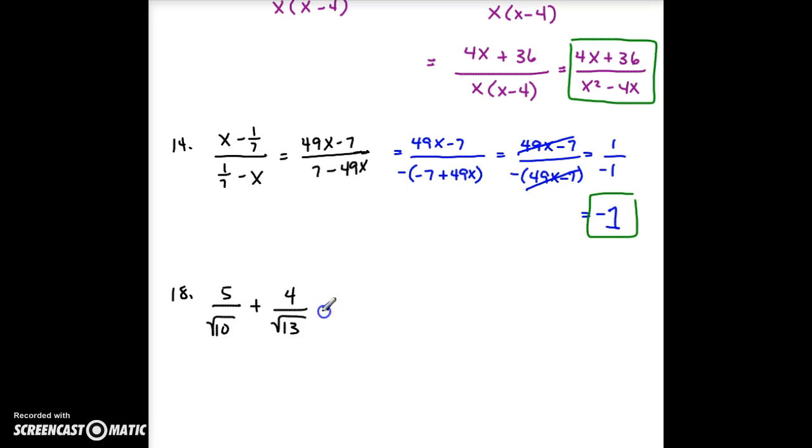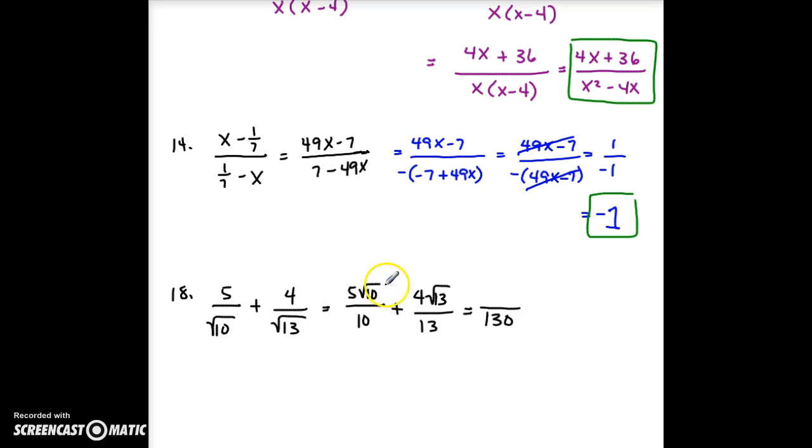Because I think if I'm looking at this right, you have 5 root 10 over 10 plus 4 root 13 over 13. Where you ended up making the mistake was that you identified the common denominator as 130, but you didn't multiply the numerators accordingly.